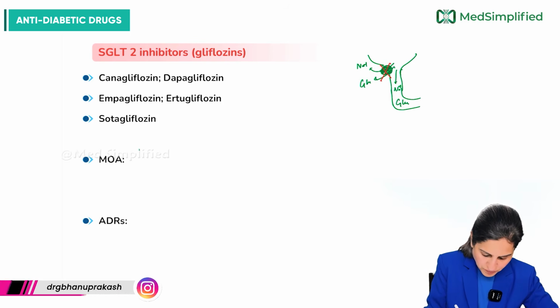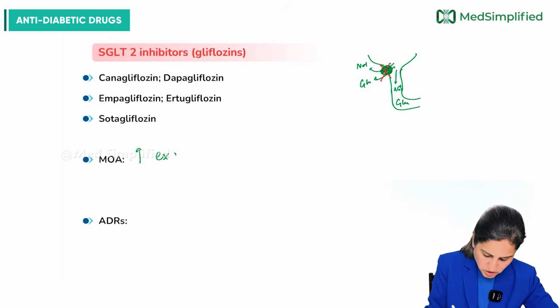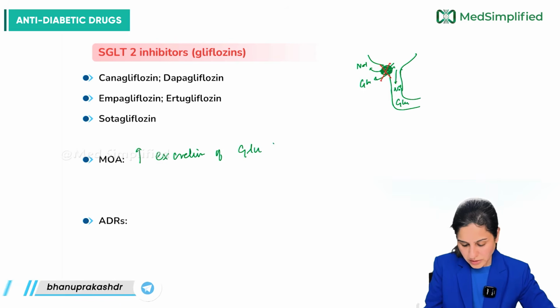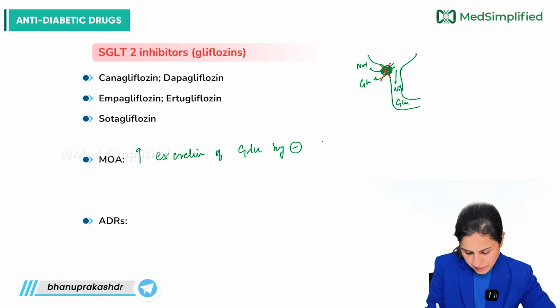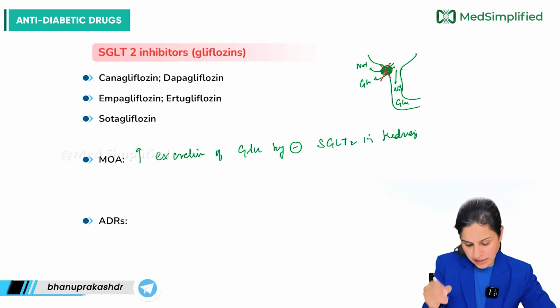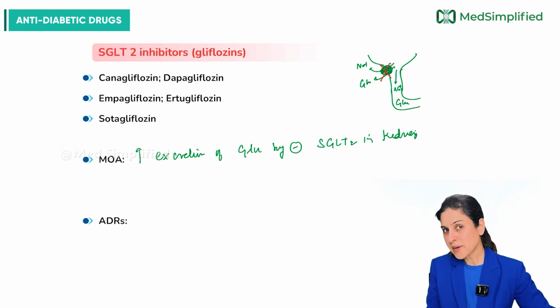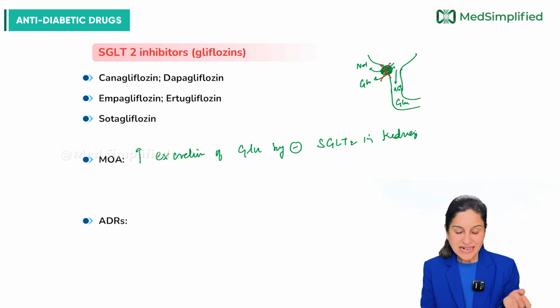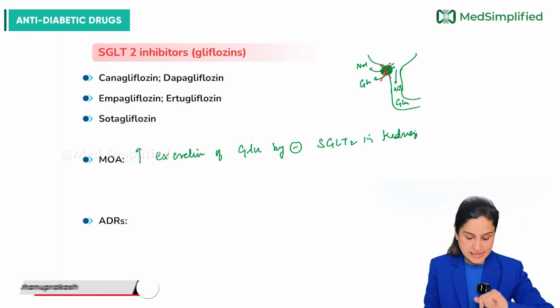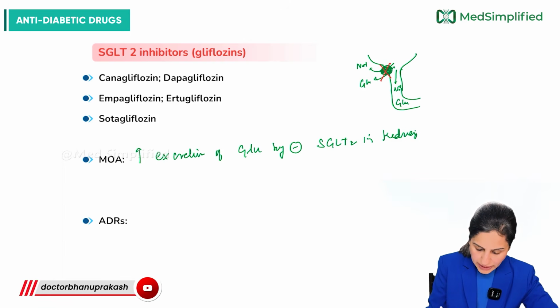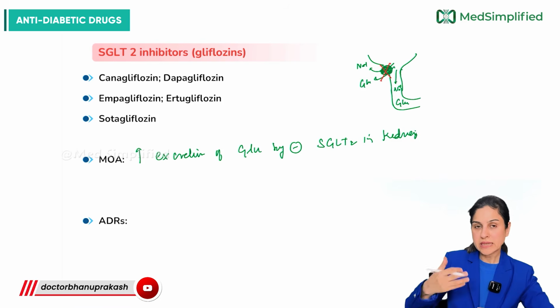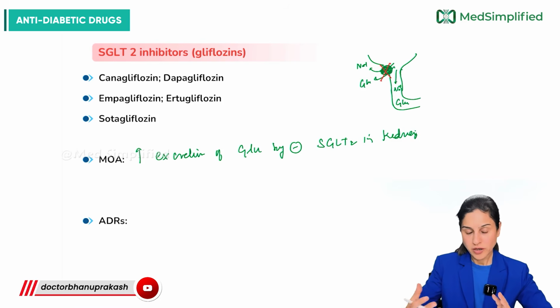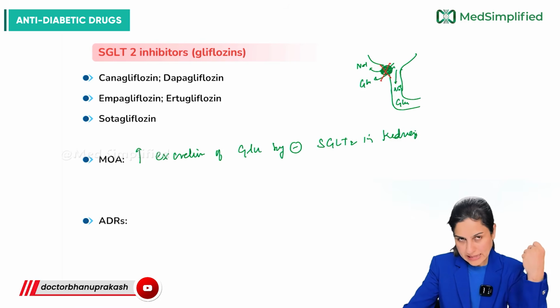So they are going to enhance the excretion of glucose by inhibiting SGLT2 in kidneys. Now, SGLT2 is present in the kidneys, yes, but SGLT1 is also present in the intestine. So SGLT1 in the intestine will lead to decrease in the reabsorption, or you can say the absorption, of glucose in the intestine.